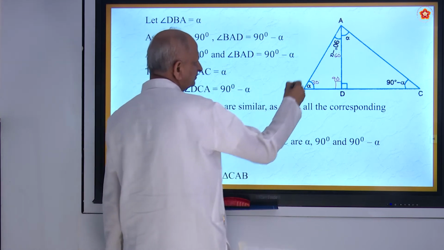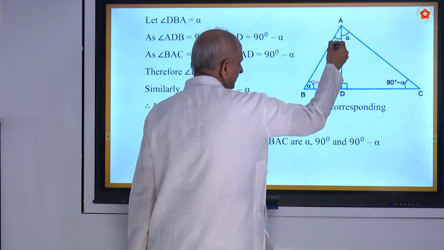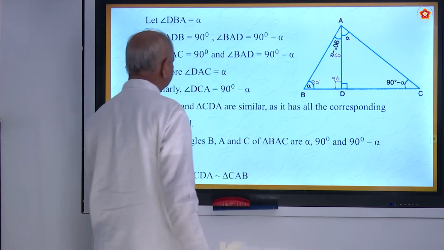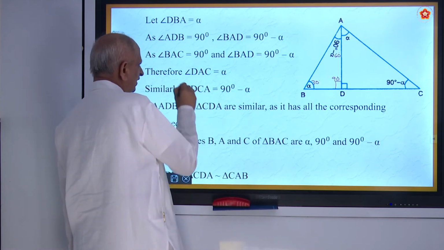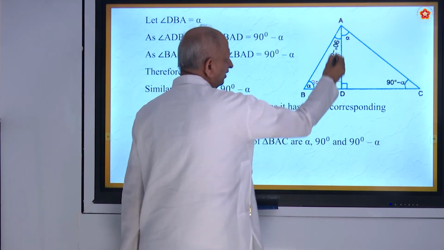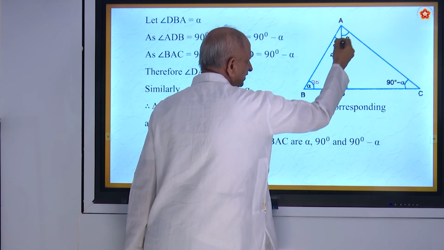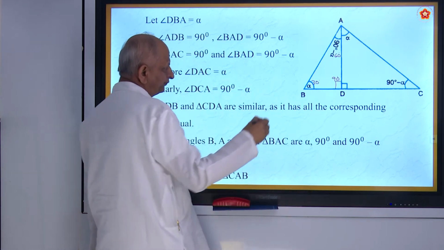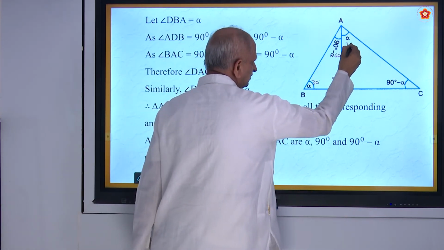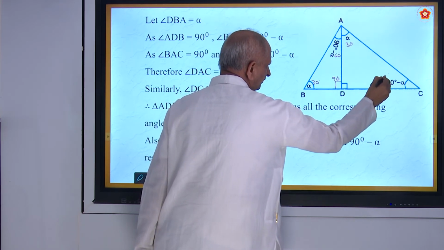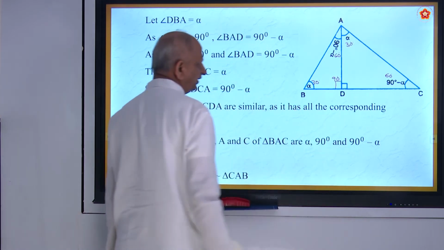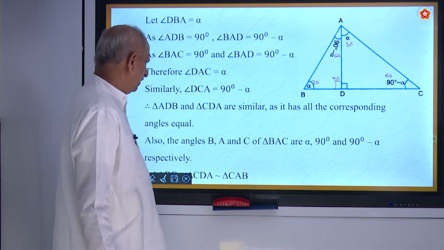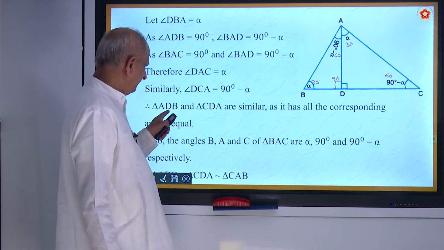BAD becomes 90 minus alpha, and this is alpha. So therefore DAC becomes alpha because it is 90 degrees fully. So that is 30. This is an example I am giving. 60. So you have two triangles, ADB and CDA.